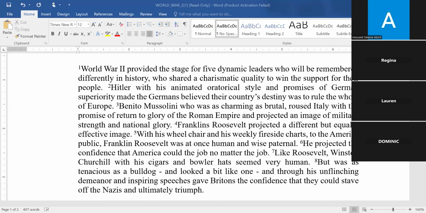If you are able to mention the sentence number, it is enough. You don't need to read the sentence. Any different answer?